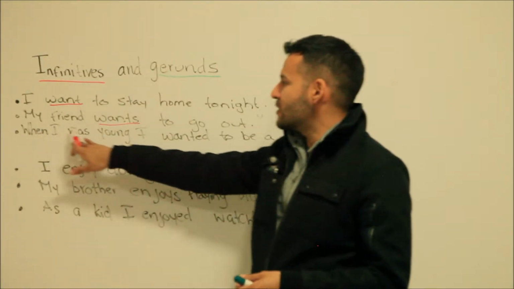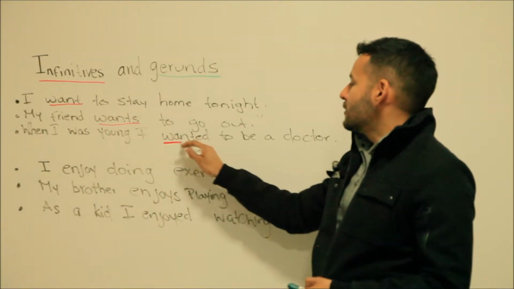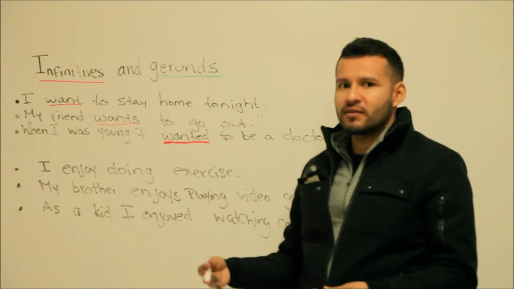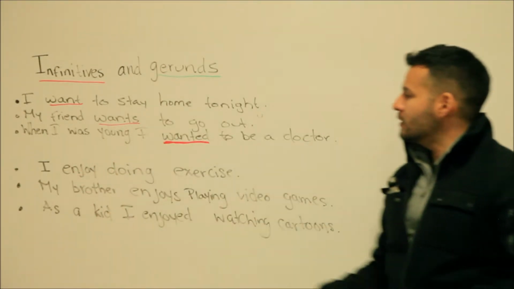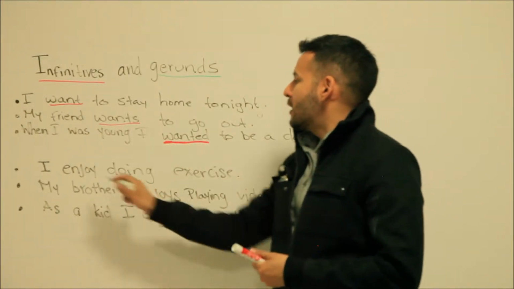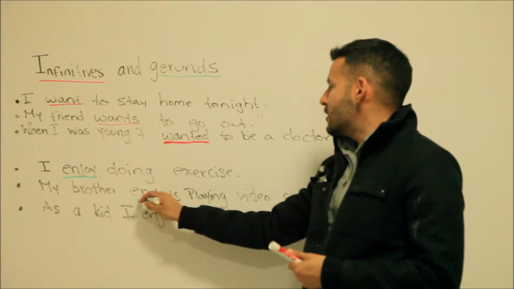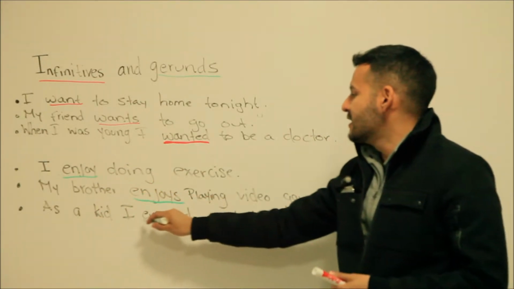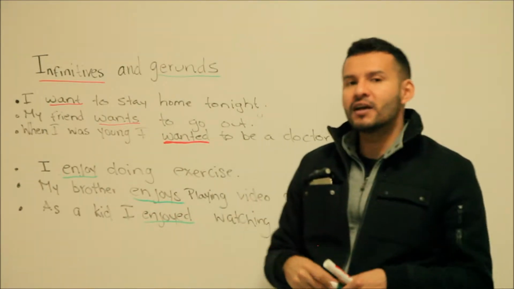If you're talking about a situation in the past, as in the third example, the correct form of the verb want in the past is wanted. Similarly, in the sentences with enjoy, I enjoy, but if the subject is my brother, enjoys, and if you're talking about the past, my brother enjoyed.